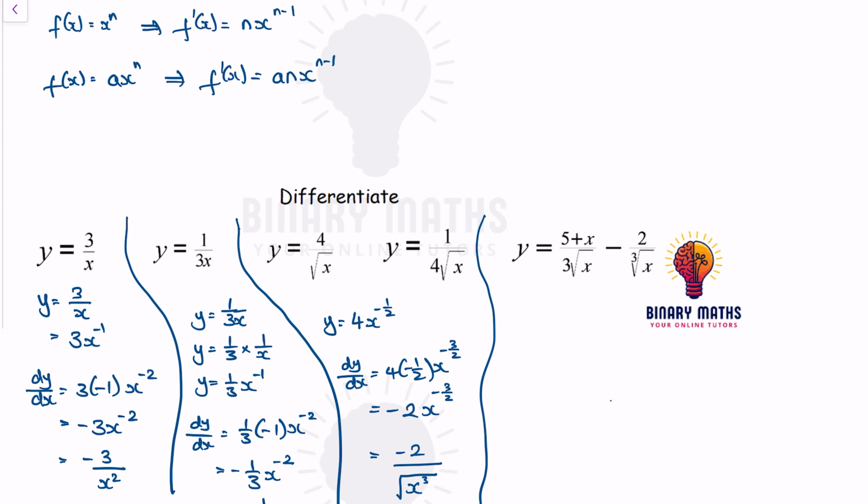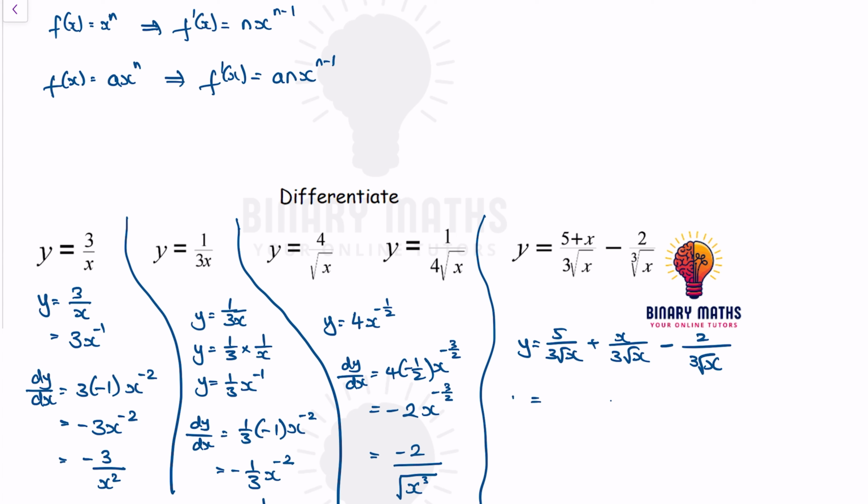The last one, we've got more than one term, and we've got a fraction as well with 2 terms in the numerator. So the first thing I would do is split up that fraction into 2 parts. So I get 5 over 3 root x plus x over 3 root x plus minus 2 over cube root of x.